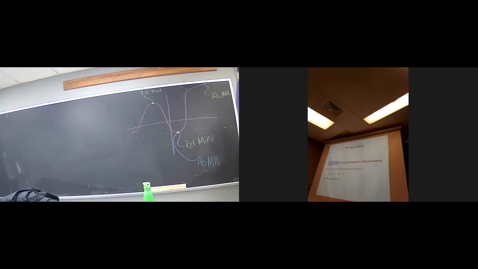So we're given then in this first example, the function x squared minus 6x plus 2 on the interval 0 to 5.